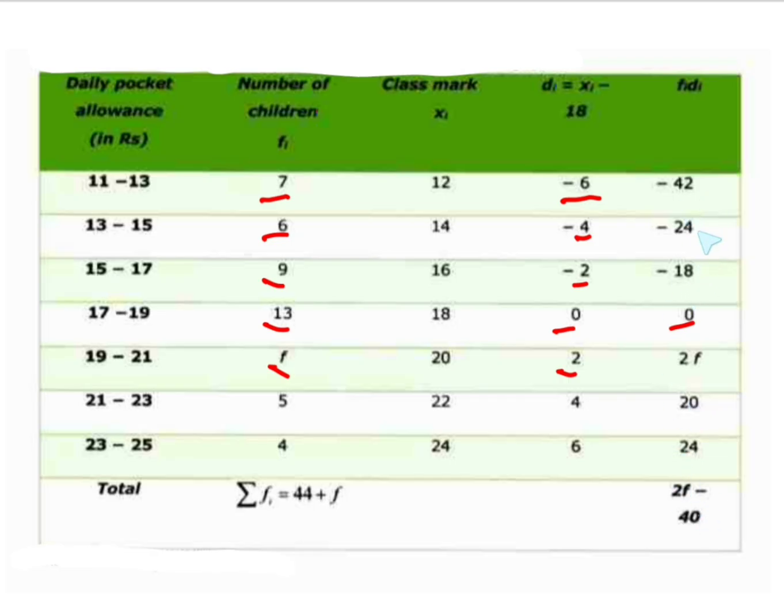Calculating the minus values, 18 and 42 is 60, and 24 is 84, so minus 84, and 20 and 24 is plus 44. Minus 84 plus 44 is equal to minus 40. So it is 2f minus 40.